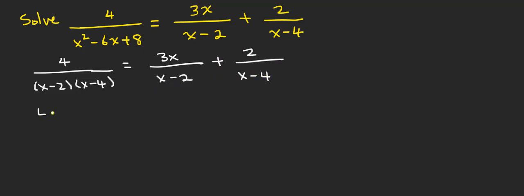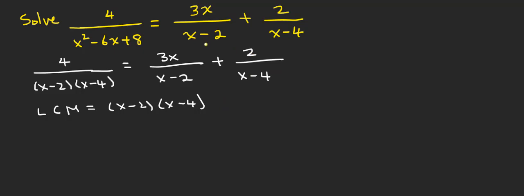Now we know that the LCD, lowest common denominator, or lowest common multiple, we sometimes call it LCM or LCD, is quantity x minus 2 times quantity x minus 4. So in order to get rid of the denominator, we have to multiply each term by our LCM or LCD.